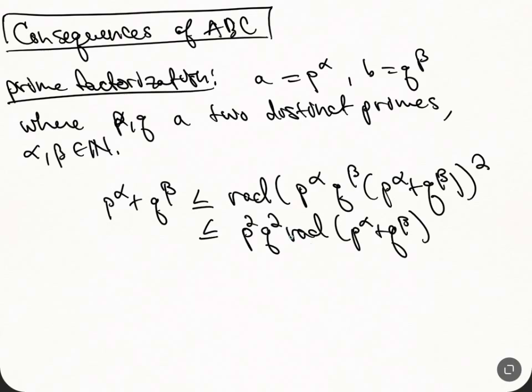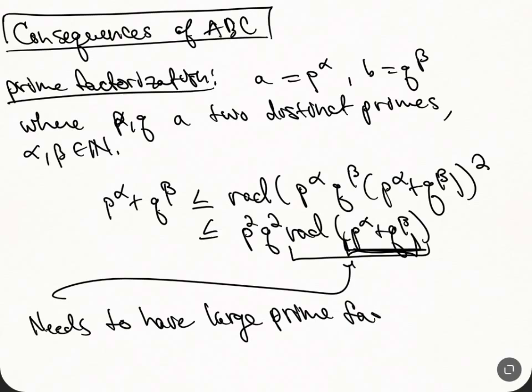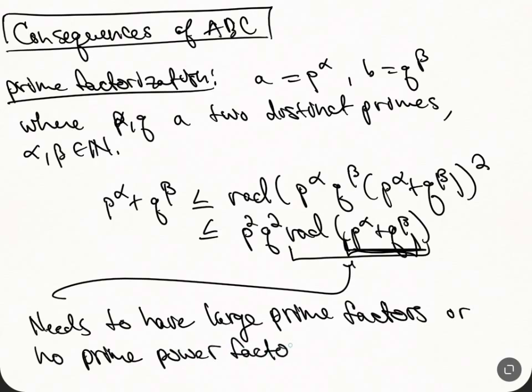So what it says is, let's say that alpha and beta were huge, like a billion. Then this number, when we add them, needs to have large prime factors, or needs to have no multiplicity, no prime power factors, to make up for the size happening in the exponents.